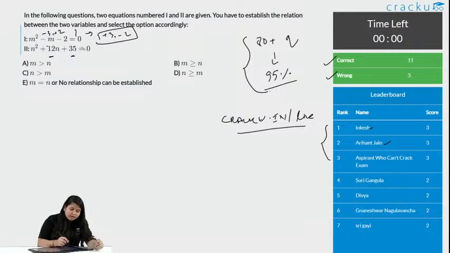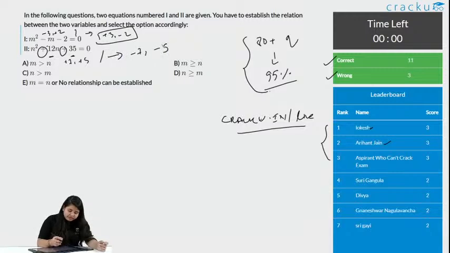What is the first number that comes to mind when you think of 35? It is 7 into 5, 7 fives are 35, and when you add 7 and 5, you get 12. As all are positive values, it is +7 and +5. When you take them this side, it is -7 and -5.